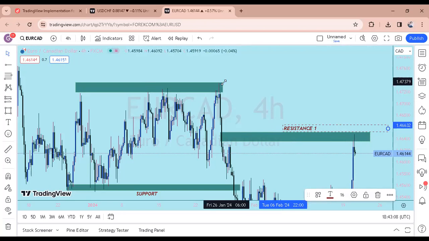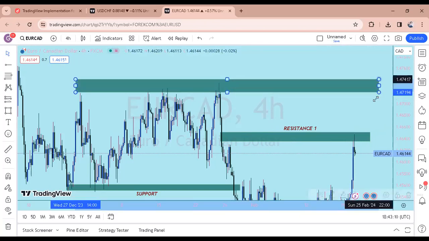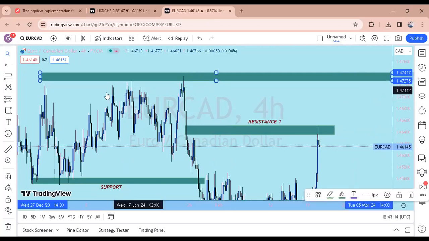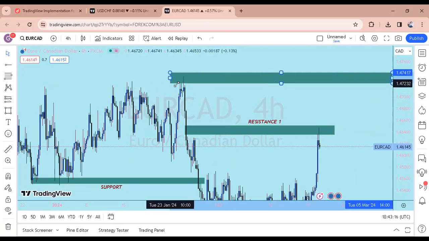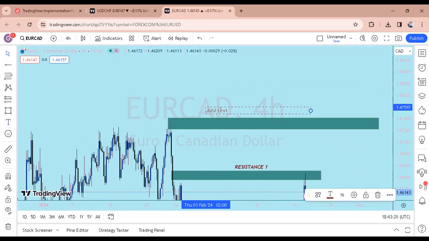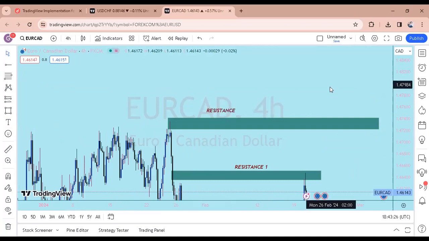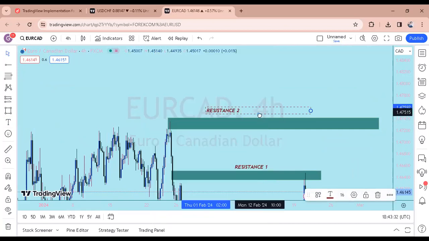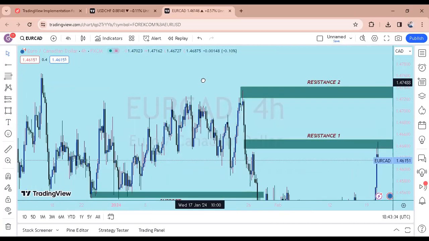Then before it has taken off that one, it comes here, and now it has to struggle again to take off this other resistance that is here. So I'm going to call this place here resistance number 2. Sorry, I'm too fast.